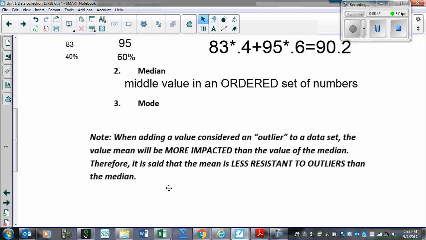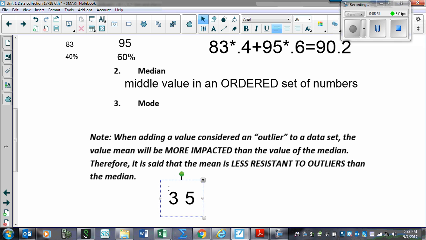So let's say we have a data set, and I'll put them in ordered value. I'll make it a kind of a simple set. There's a value of a 3, and a 5, and a 7, and a 9, and an 11. All right, 5 values.